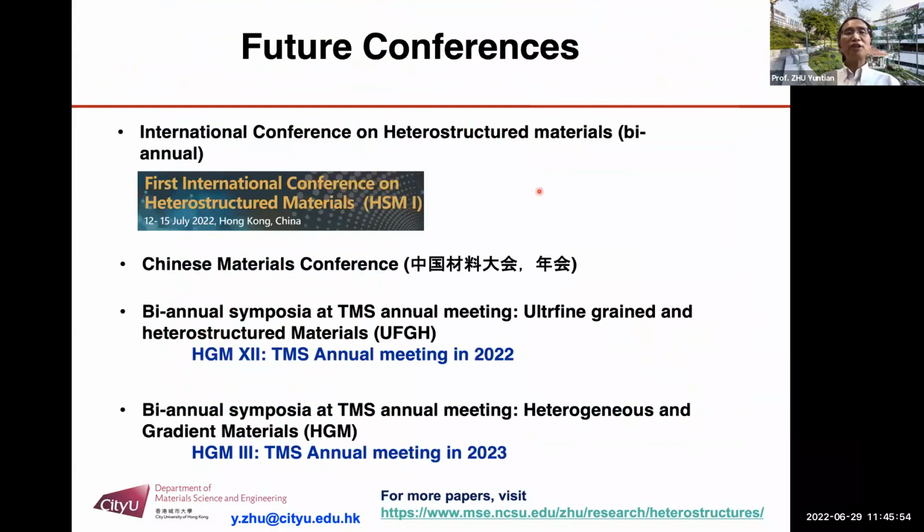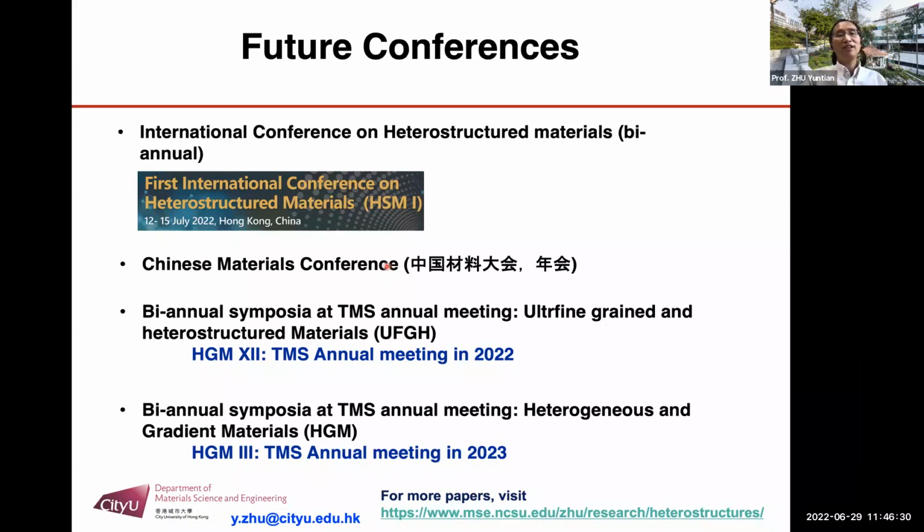And this heterostructured materials field is developing very fast, despite the COVID pandemic, and here are the many international conferences. The first one is the current one, which is the first international conference on heterostructured materials, which will open very soon. And the second one, the Chinese Material Conference, there's always a symposium there.